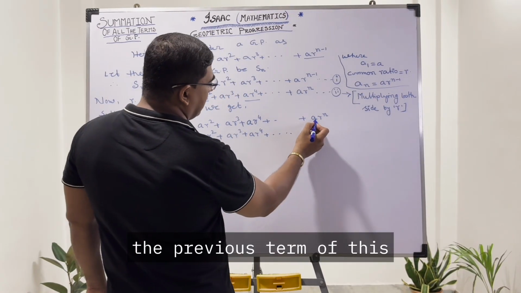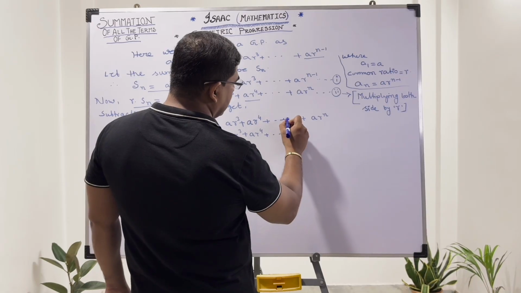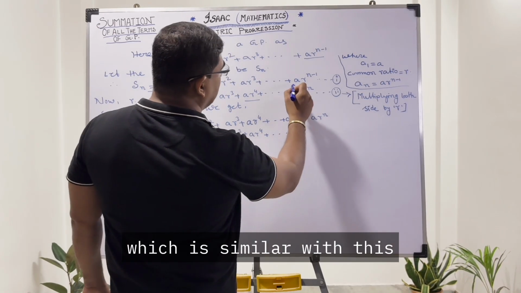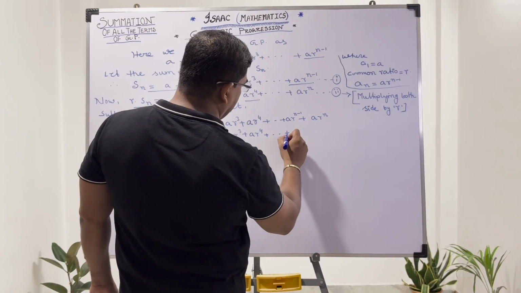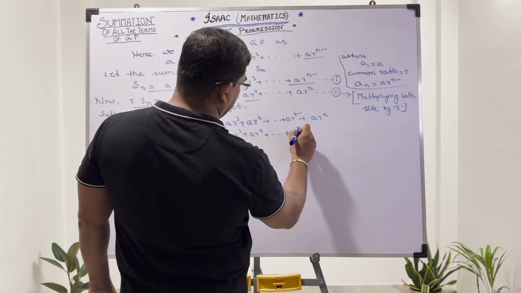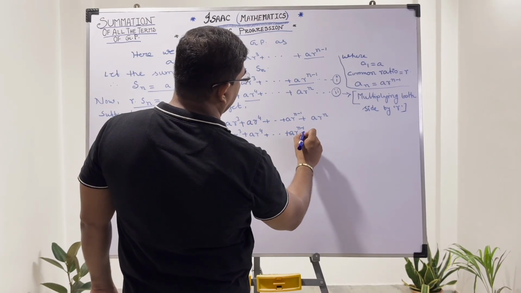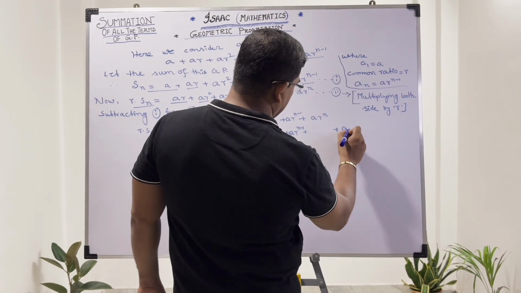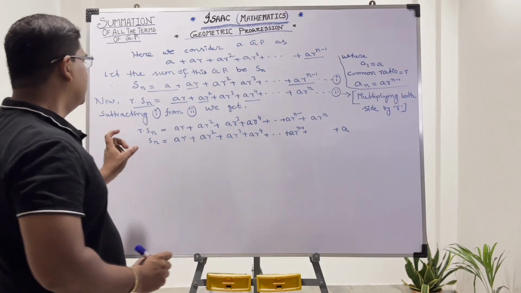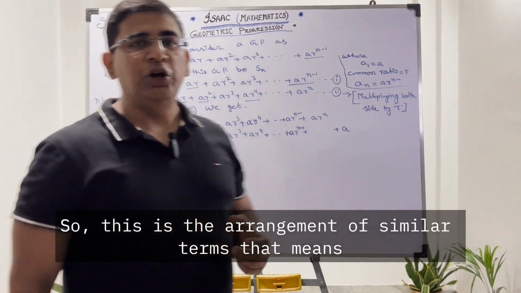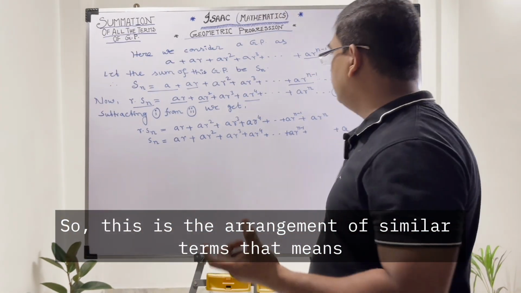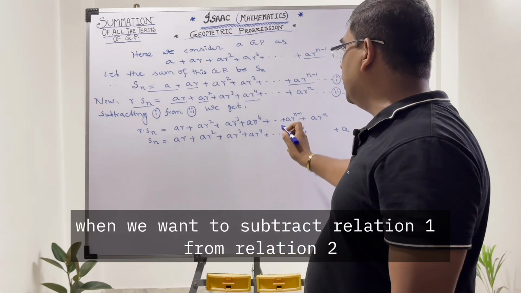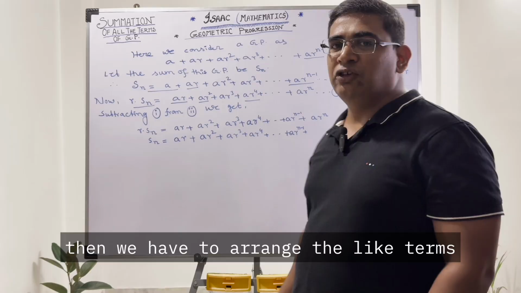The previous term of this is A into R to the power of n minus 1, which is similar to this term. Okay, so this is the arrangement of similar terms. That means when we want to subtract relation 1 from relation 2, then we have to arrange the like terms.